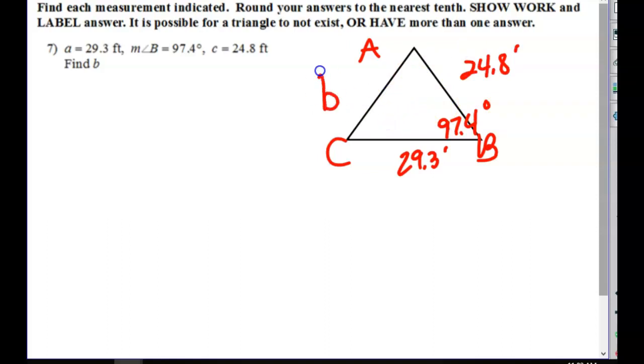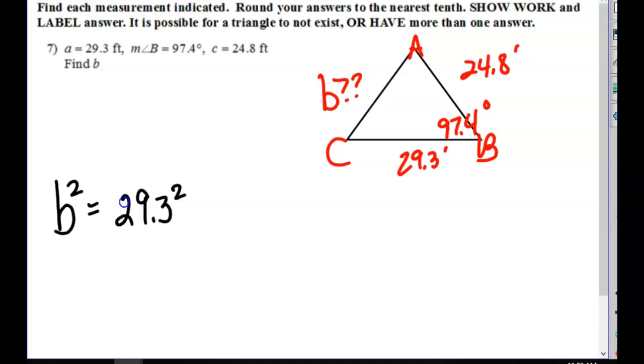We want to find side B over here. Anybody? Can we use law of sines? No, we need to find side B. So what do we got to put in? A disgusting number of decimals, right?